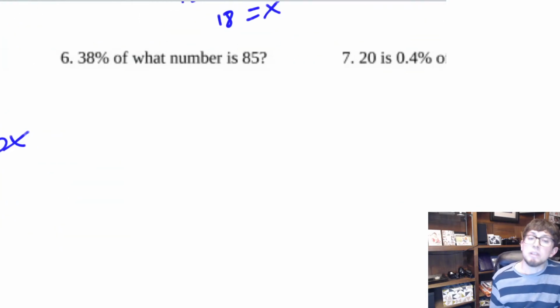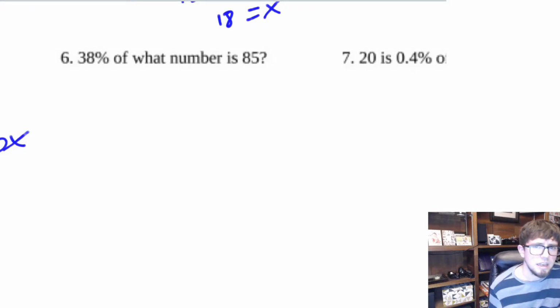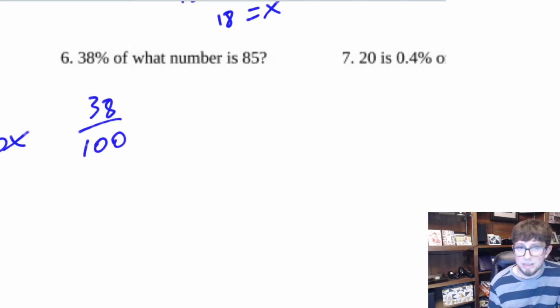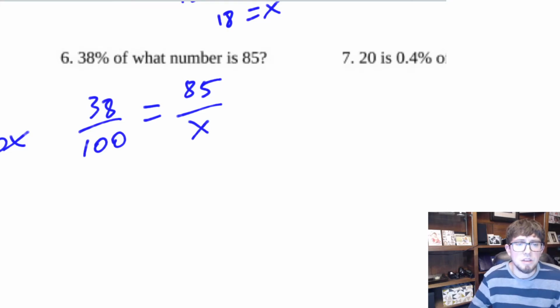38% of what number is 85? So these sentences are all short, and they look very similar, but they're asking very different problems. So 38 out of 100, that's 38%, of what number is 85? So should 85 go on the top or the bottom? It turns out they're asking to put it on the top. 38% of some number is 85.